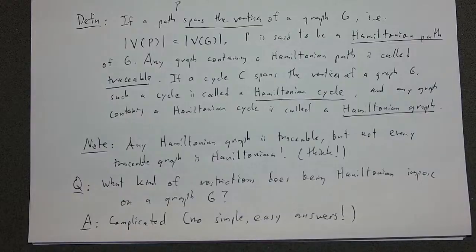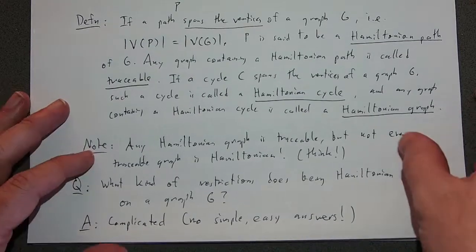There's not anything like that for Hamiltonian. And so, here are some facts. There are Hamiltonian graphs with all even degrees.